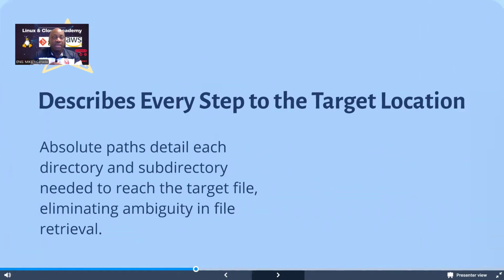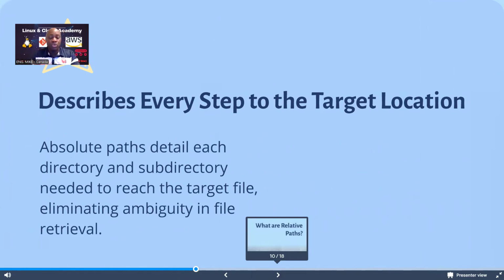So it describes every step to the target location. Absolute path details each directory and subdirectory needed to reach the target file, eliminating ambiguity in file retrieval. So you don't have a problem when you know the exact path.